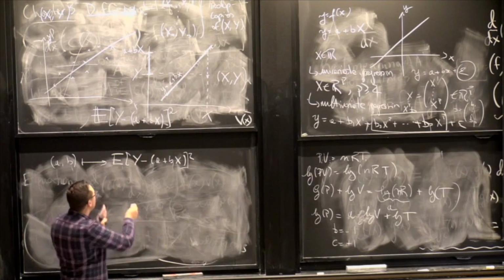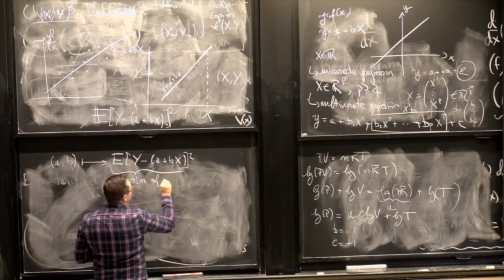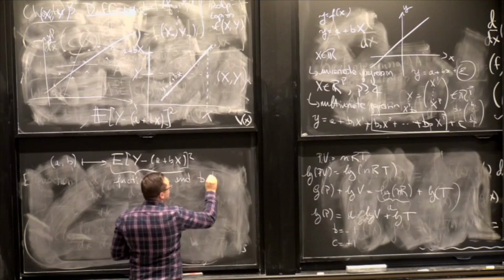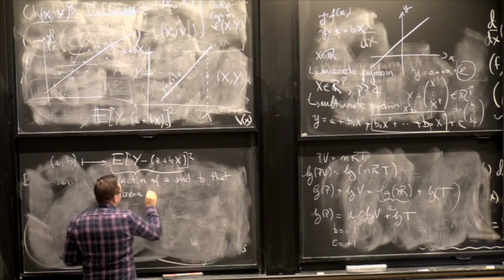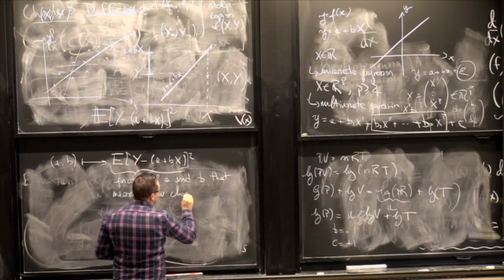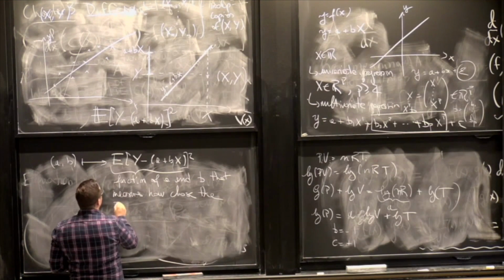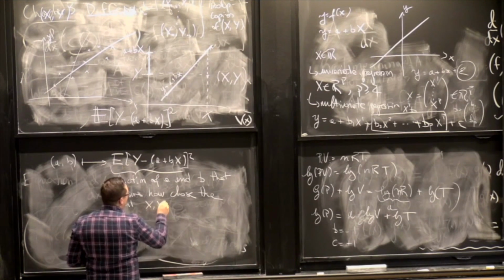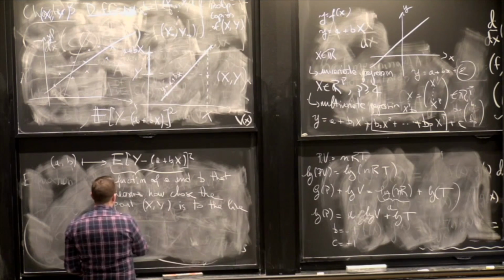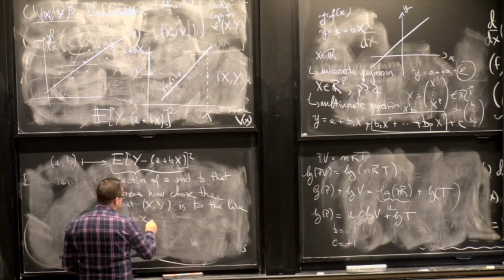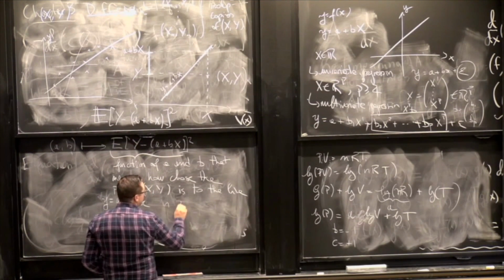The value of this function of a and b measures how close the point (x, y) is to the line, that is, y is equal to a plus b times x, in expectation.